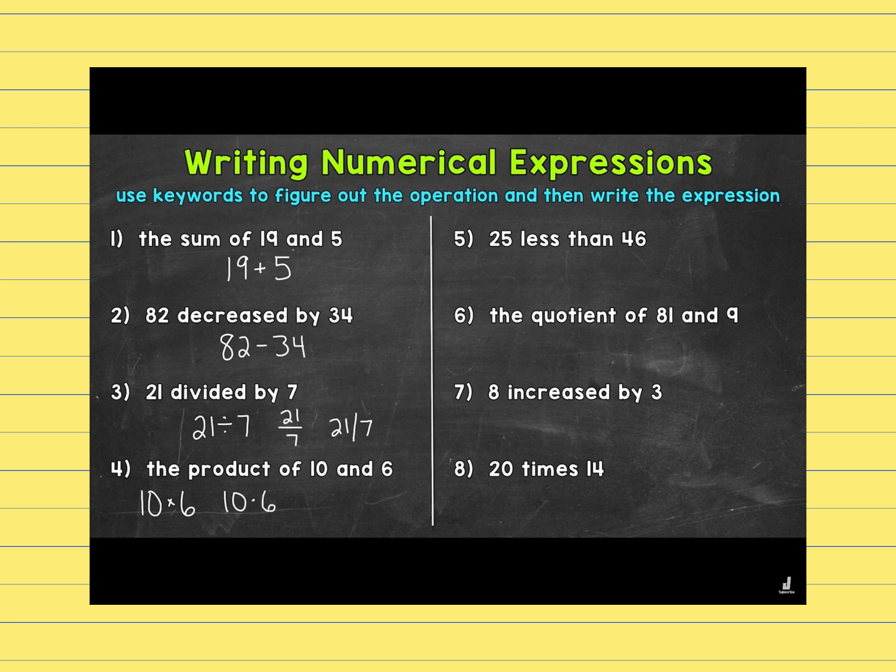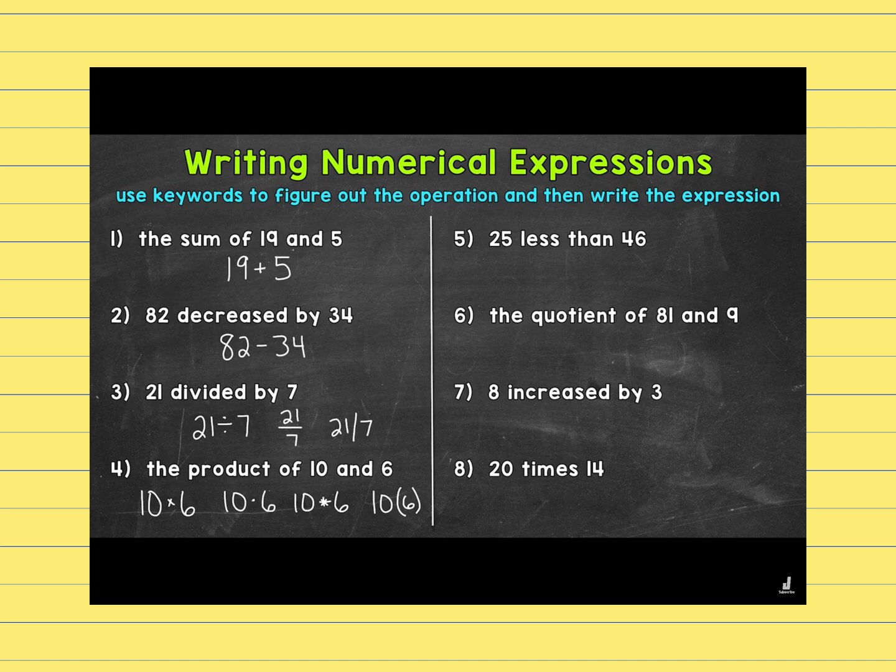We can use an asterisk, so 10 times 6. And then also we can use parentheses, so 10 times 6. So different ways to represent multiplication for number 4 there.